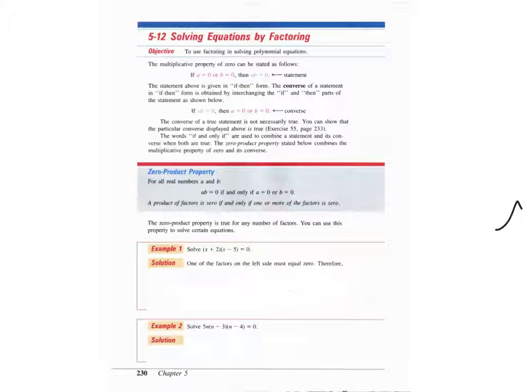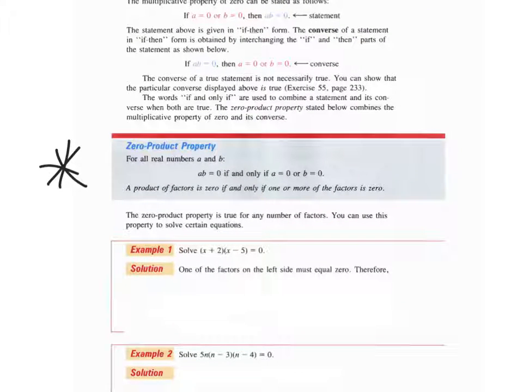In this lesson, to solve these, we're going to apply this zero product property. And all this says is that for any real numbers a and b, a times b equals 0 if and only if either a is equal to 0 or b equals 0.